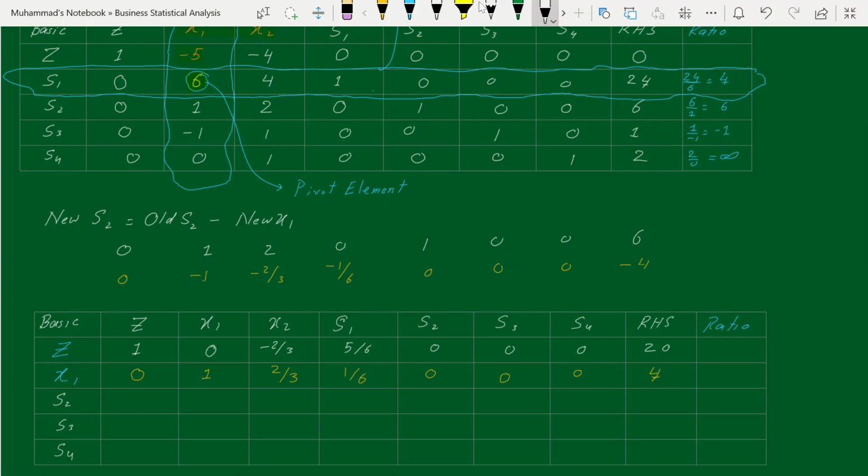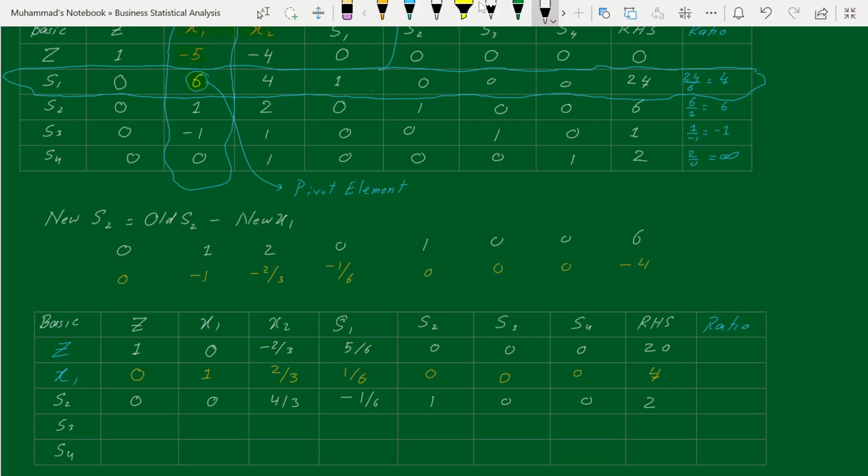The new S2 will be 0, 0, and if we solve this, it will be 4 by 3. Okay, so we can check it out. 4, 2 minus 2 by 3, so 3, 6 minus 2, 4 by 3. So 4 by 3, and then minus 1 by 3, sorry, 1 by 6, 1, 0, 0, and then finally 2.